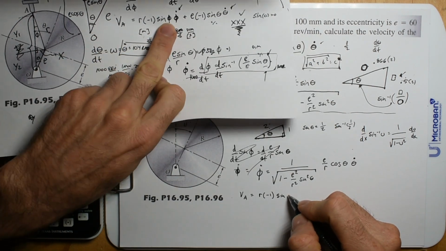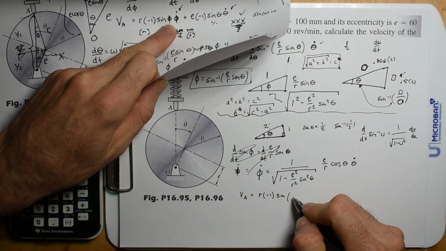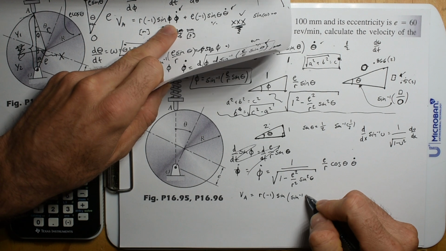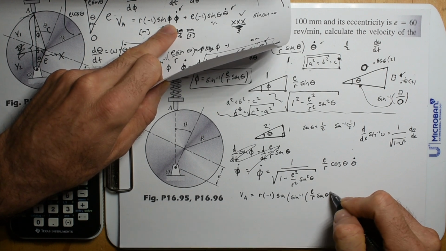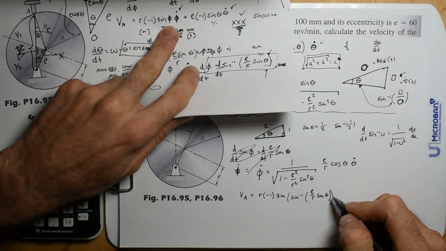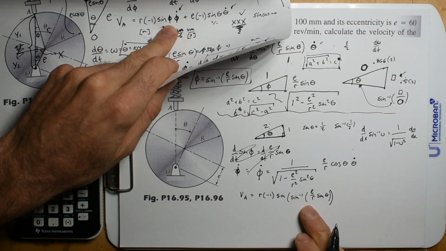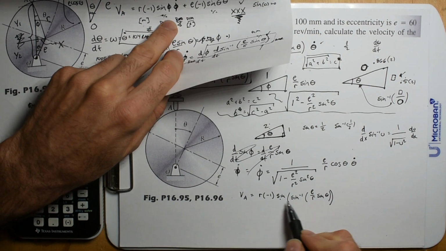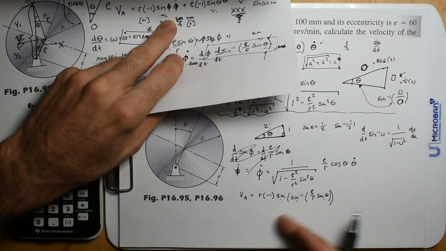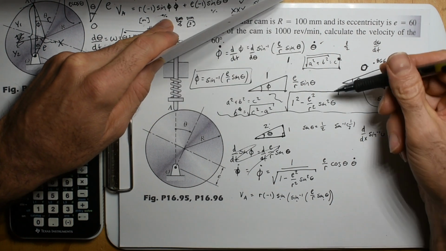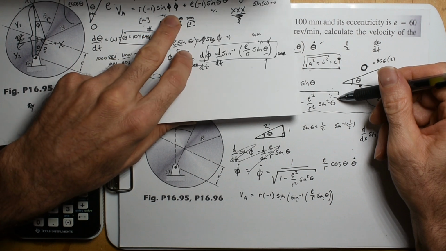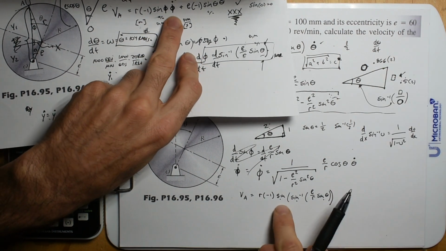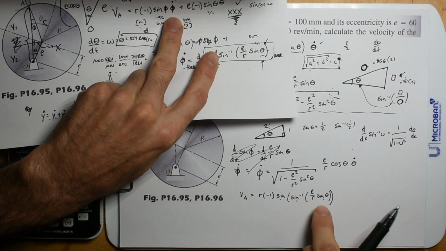We're going to say sine of phi, and phi is inverse sine of e over r sine theta. Cool. But see how we have sine of inverse sine of sine? I think you can clean that up, but it still works.